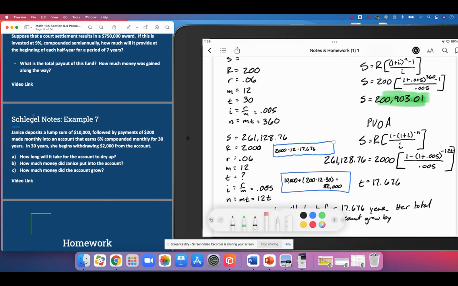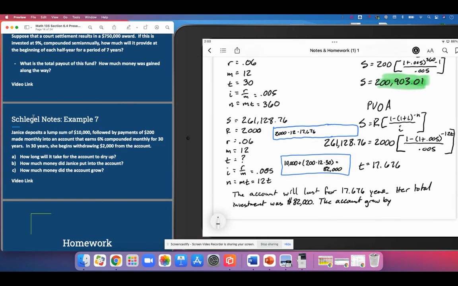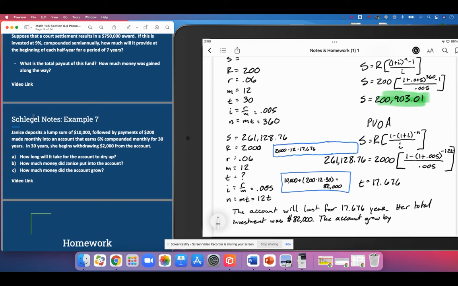And I think I'm going to need a bigger box. So I'll take care of that right now. And again, everyone, I would hope that you would organize your work a little bit better than this. I'm just limited to the size of the page that I have here. So on my phone, again, I'm going to do the math for this. So 2,000 times 12 times 17.676. Dang. $424,224 is the total amount that she was paid out.